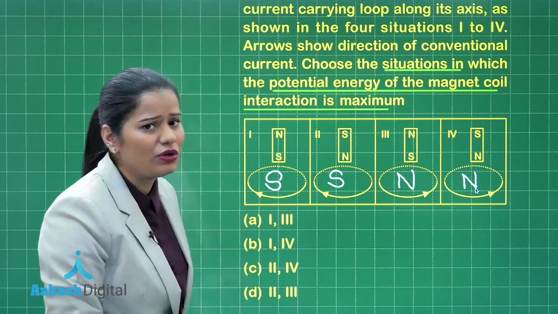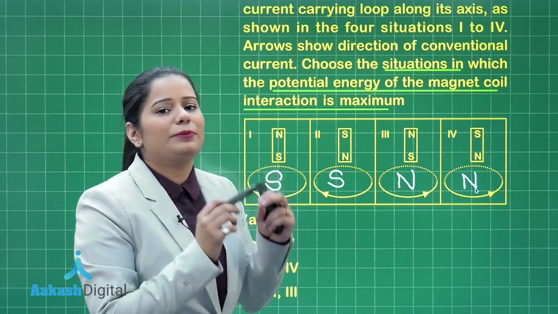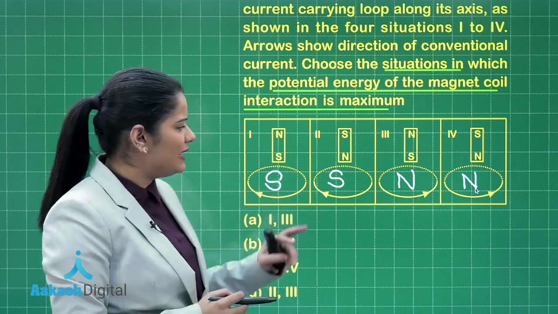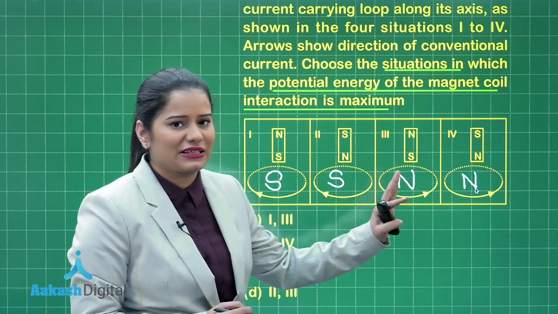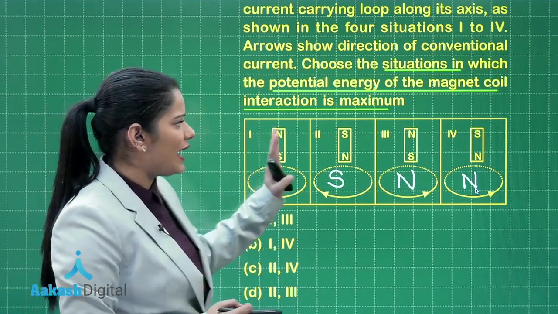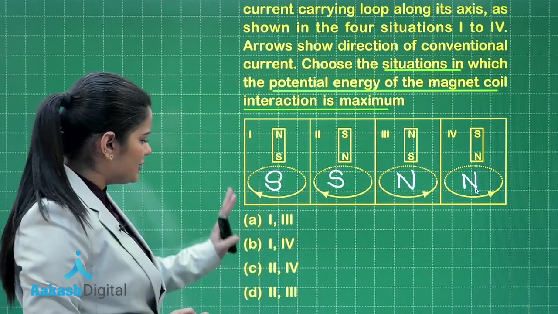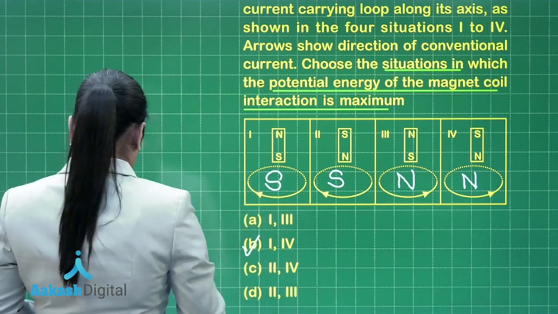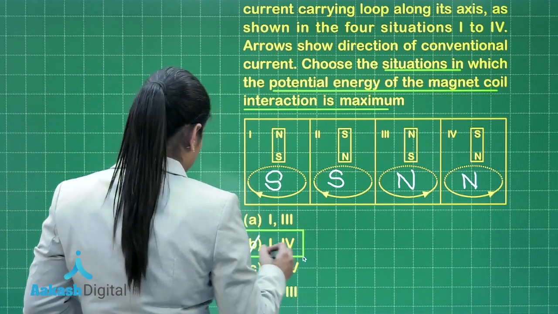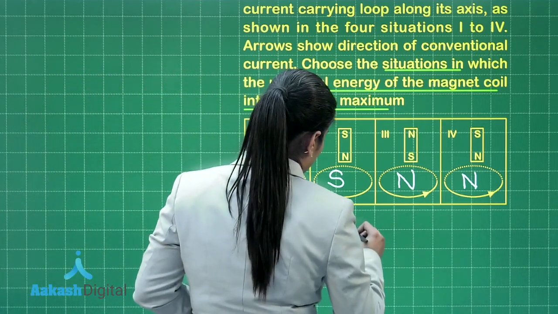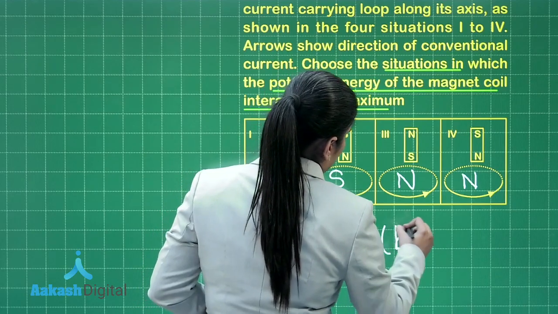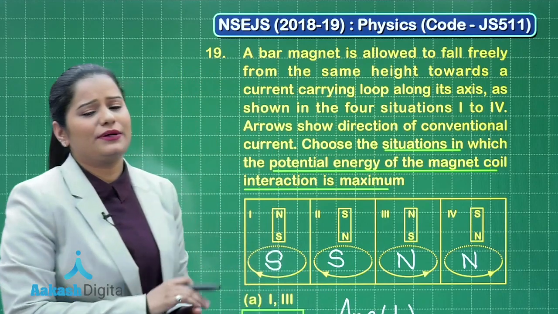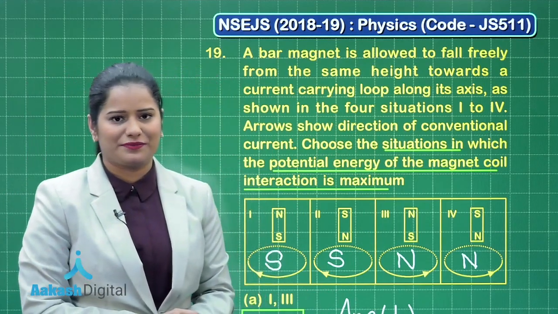And as I have told you, potential energy will be maximum for the repulsive interaction between the coil and the magnet. And repulsive interaction is only in case 1 and in case 4. So, which option is the correct option? That is option B. I can simply mark that this option is the correct option. I hope this question is also very clear to you. Now, let us quickly move on to the solution for the next question.